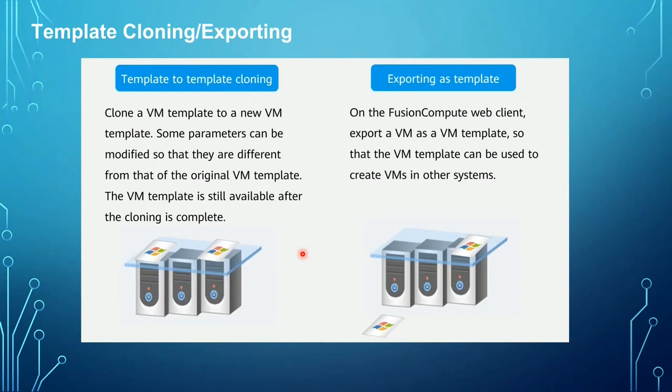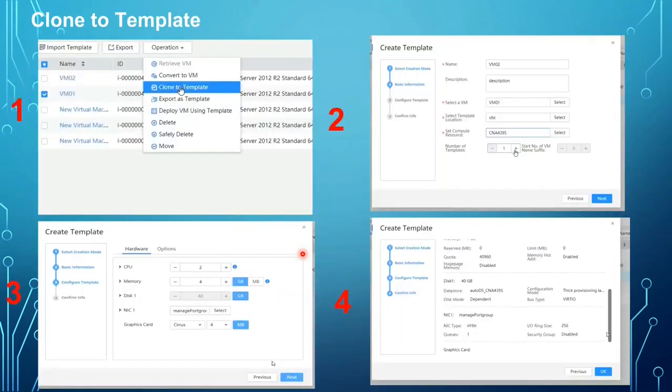So this template will also be available there, and you can deploy VMs from that template in another environment. You can copy it to your laptop, or a different medium can be used to export your templates. So this is the procedure for how we can do clone to template.